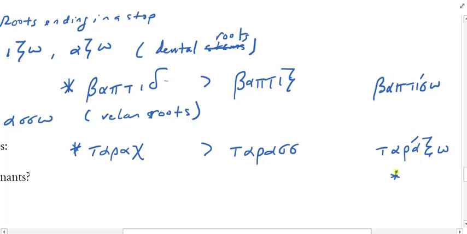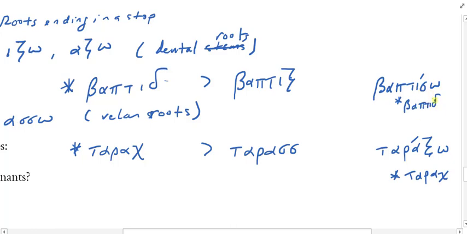It's because it's coming from the real root tarach. When I add a sigma to a velar chi, what happens? It becomes a xi, right? Baptid is my real root, and that is also the future stem. And when I add the sigma to the delta, oops, I left that iota there.